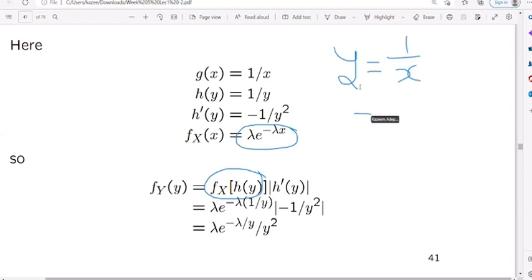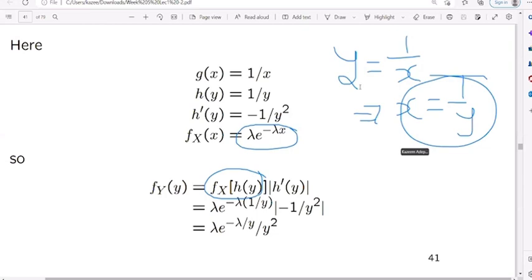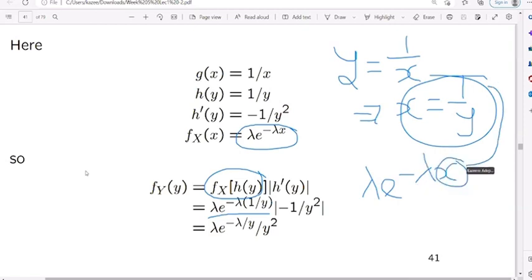What does that imply? x equals 1 over y, right? So instead of lambda exponential raised to the power minus lambda x, in place of this x, I'm plugging in 1 over y.